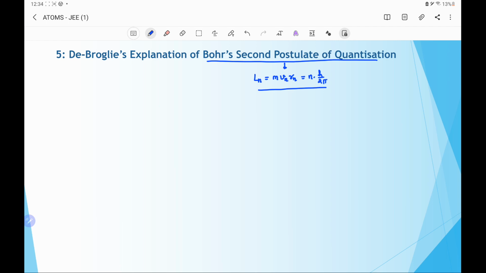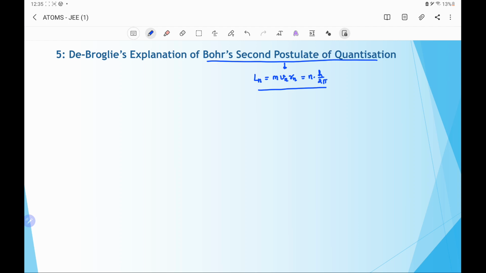De Broglie explained the Bohr second postulate of quantization, and he argued that electron in its circular orbit must be seen as the particle wave, which can lead to the standing waves under the resonance condition. That is, the total distance traveled by the wave is integral multiple of the wavelength.